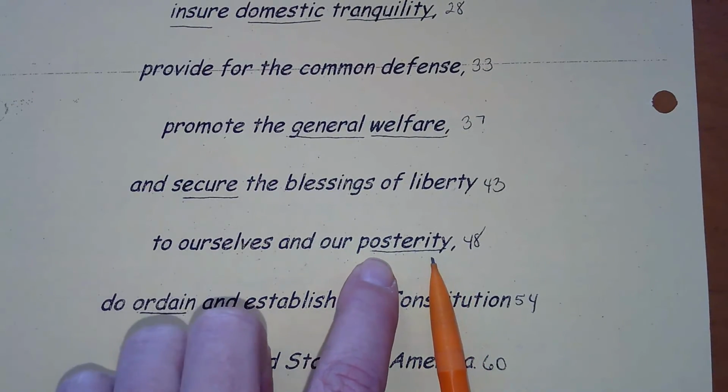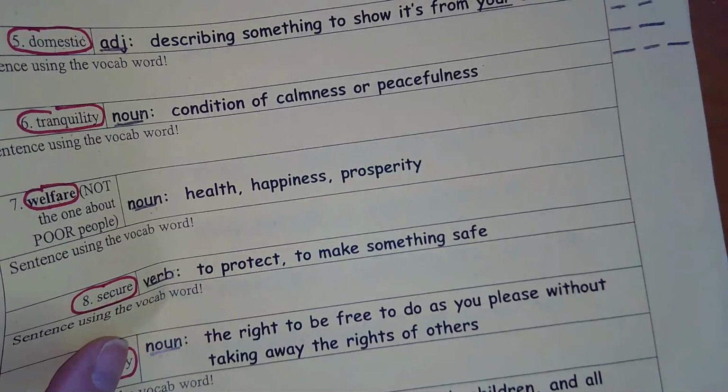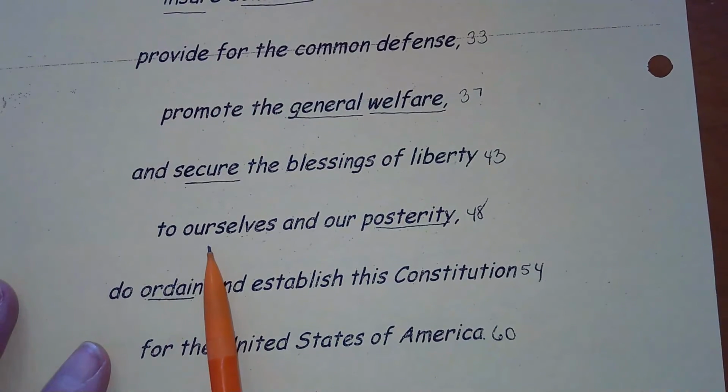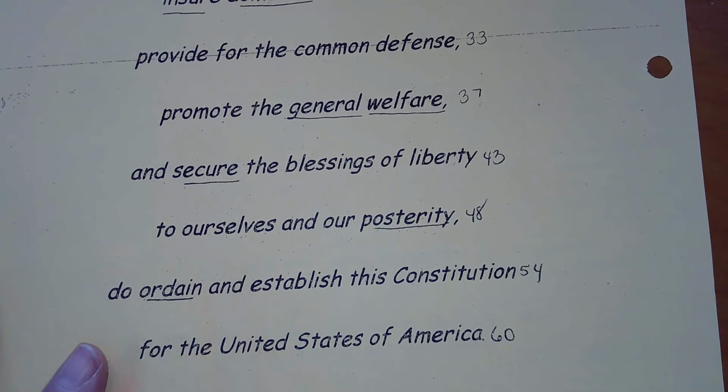You are in the Constitution. Why? The children, children's children, all future descendants. That's what posterity is. So the people who wrote the Constitution were not just thinking of making sure the United States worked well for them.